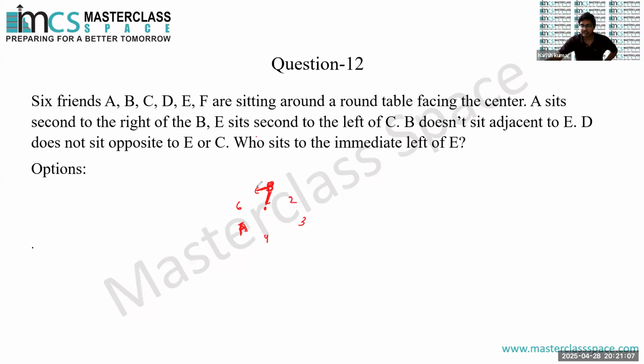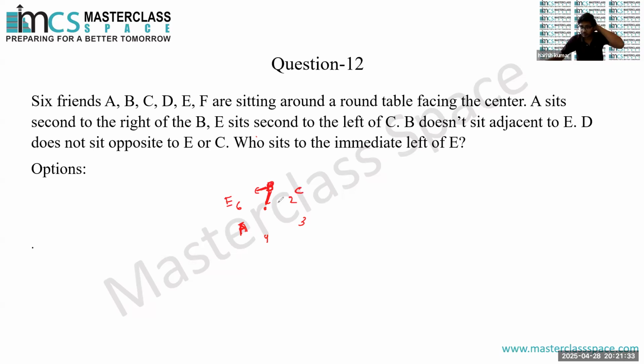Next, E sits second to the left of C. So for example, if E is sitting here, then C will be sitting here at 2.